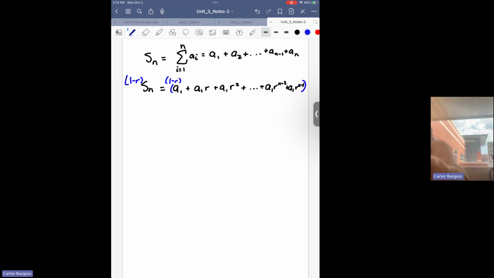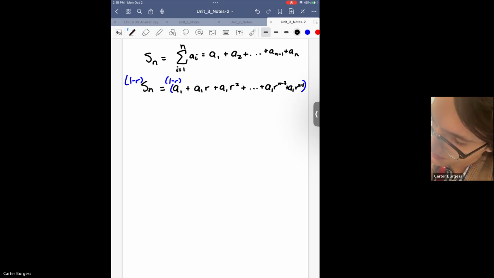We could think of distributing this sum through. We would get s sub n minus r times s sub n. You could distribute that sum, that'd be totally fine. What am I going to end up with? Well, in this case, 1 minus r times s sub n.